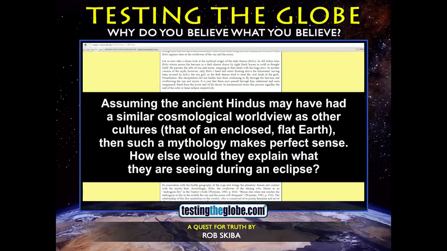So basically, they have this idea of a floating head of a god out there that tries to swallow up the sun and moon, but obviously, because it's decapitated, the sun and moon just exit the other side. That would give the illusion that we see in the sky, from a mythological perspective, of this rounded object coming up on the moon, and then the moon going through it and coming out the other end.